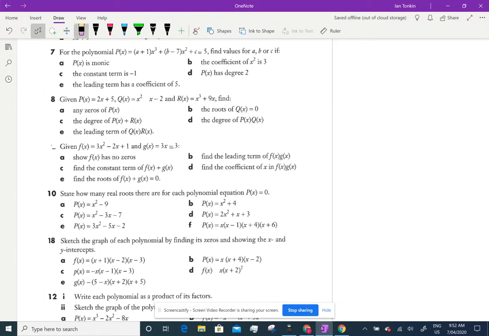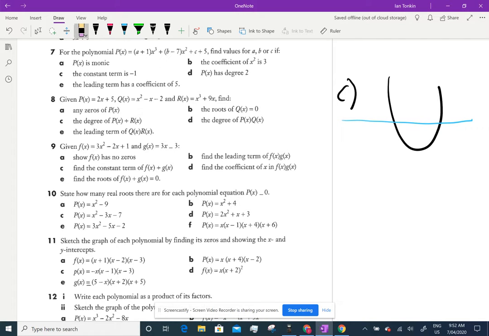This one is going to have two real roots. I don't even need to find them because I know it's a positive parabola. So C, it's a positive parabola, and it has a y-intercept of -7. So it must go below the x-axis somewhere. So it means it has two real roots.